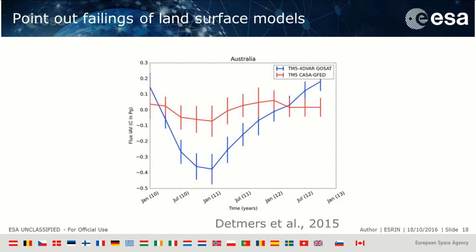But the surface stations could not see that in 2010, 11, there was really way more uptake than usual, seen by GOSAT. And this was confirmed by other things, like the NDVI, that really there was more rain than usual and everything was growing. And this flux was real, and it didn't show up in the CASA models.